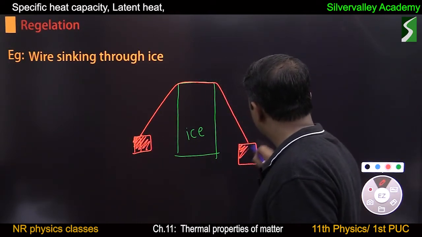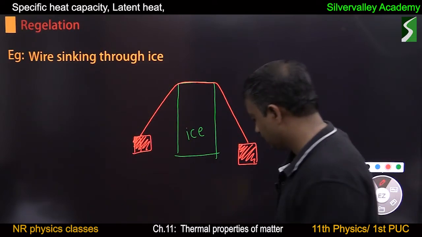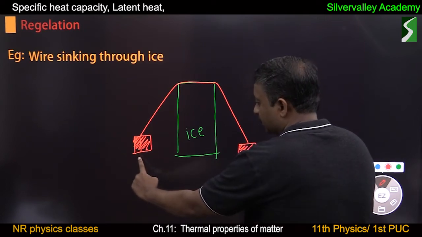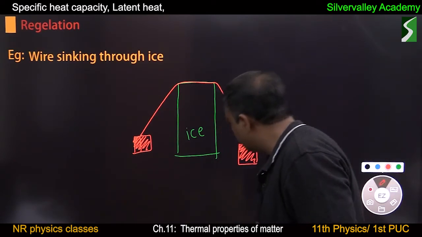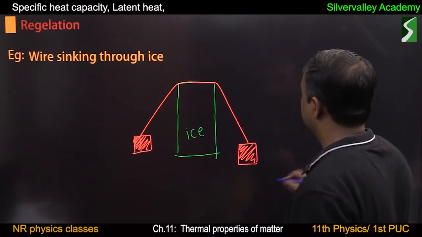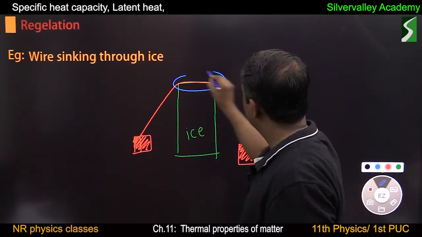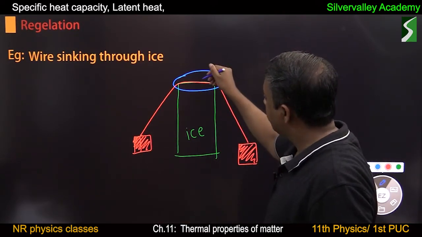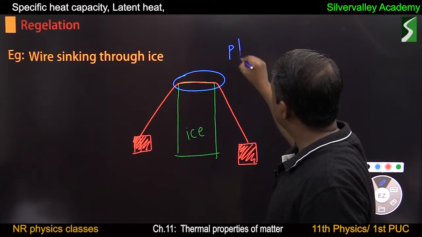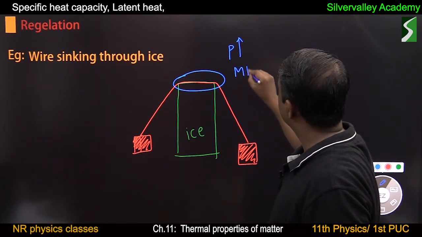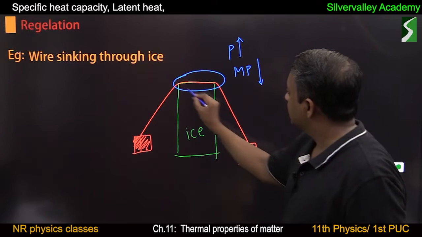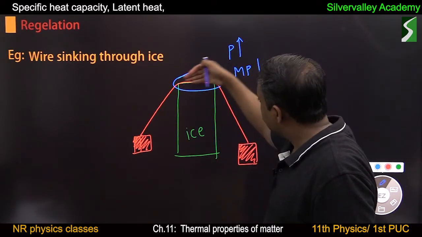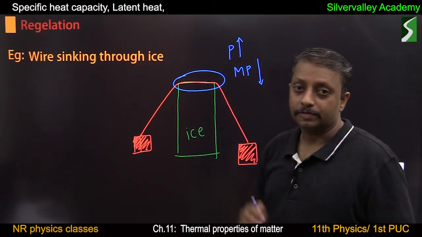So basically we are trying to pull this wire down through these two weights. Now at the region of contact, here the pressure increases. Because of weights, force by area, pressure increases. Pressure increases, melting point decreases. As a result, this region becomes water. When this region becomes water, the wire can easily sink into water.